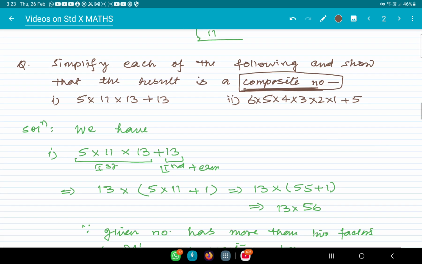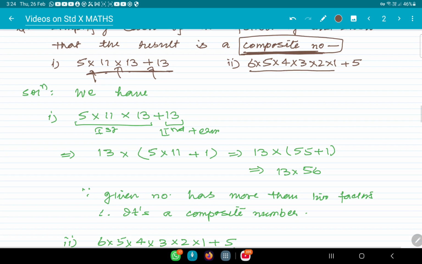Okay, so here it is 5 into 11 into 13 plus 13. Please remember the operations also, because here it is multiplication, here it is multiplication, but here it is addition. So please be cautious about which type of operation they are giving.